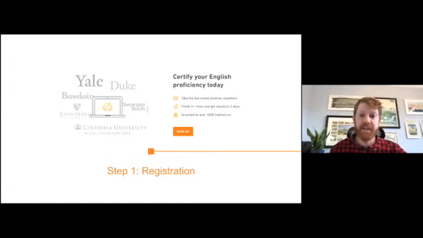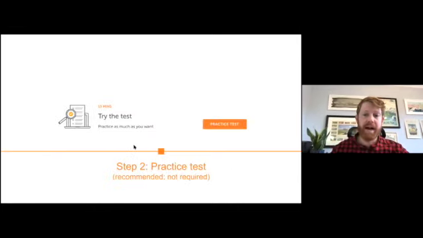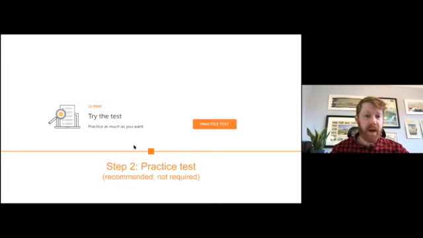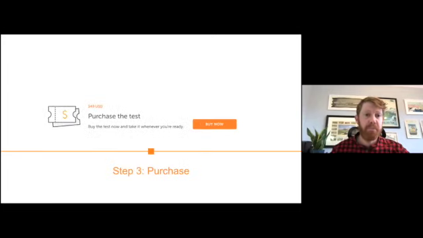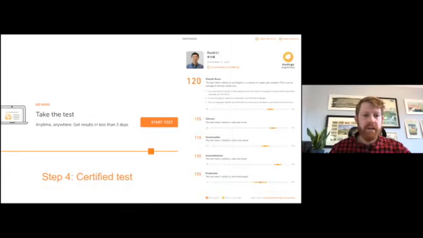You register for the test just by signing up to take one whenever you want. Register your account, take the practice test, as we mentioned, and go ahead and purchase the test, $49 American, taking all the major credit cards. You then take the test, which should take around an hour, a little bit less, 45 minutes to an hour.